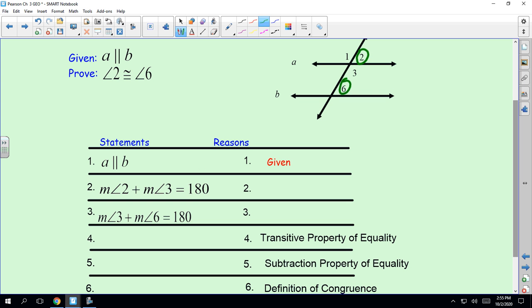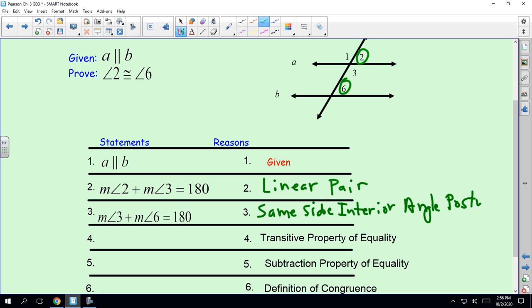It's pretty similar. We start by copying down the given statement that A is parallel to B. That's given. We have measure of angle 2 plus measure of angle 3 equals 180. That's because they are a linear pair. We have measure of angle 3 plus measure of angle 6 equal 180. That's same as last time because of the same side interior angle postulate.